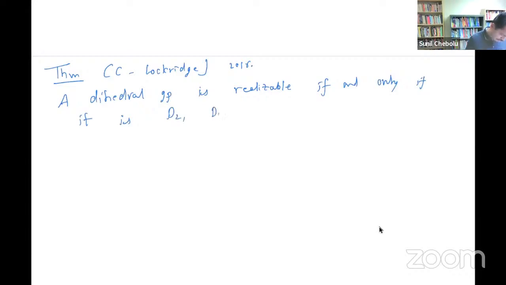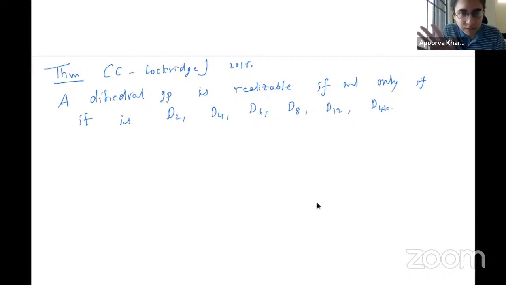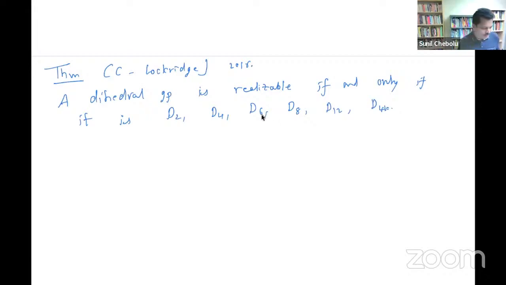So D4, D6, D8, D12, D4K. By the way, just to clarify, Dn has size 2n, right? Actually, no, Dn has size n in my notation. Okay, good to know.